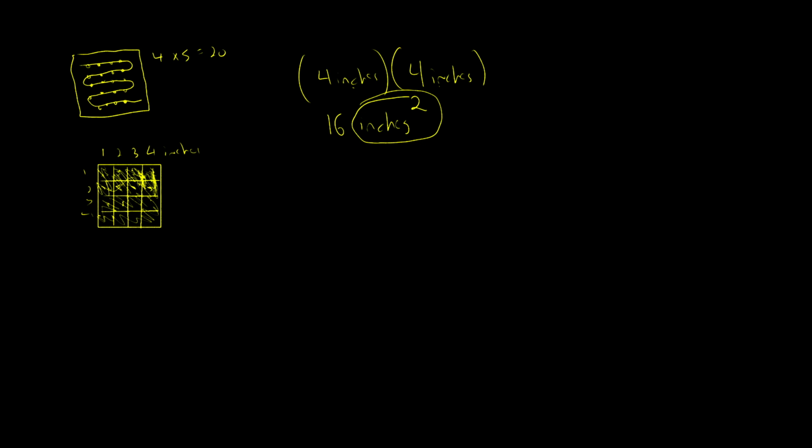So if I need to convert from, let's say, square feet to square inches, well, let's see, 1 foot equals 12 inches. So let's say I have 3 square feet. And I want that in square inches. So I've got to convert. So I'll use my conversion factor. I'll divide everything by 1 foot, and I have 12 inches over 1 foot.